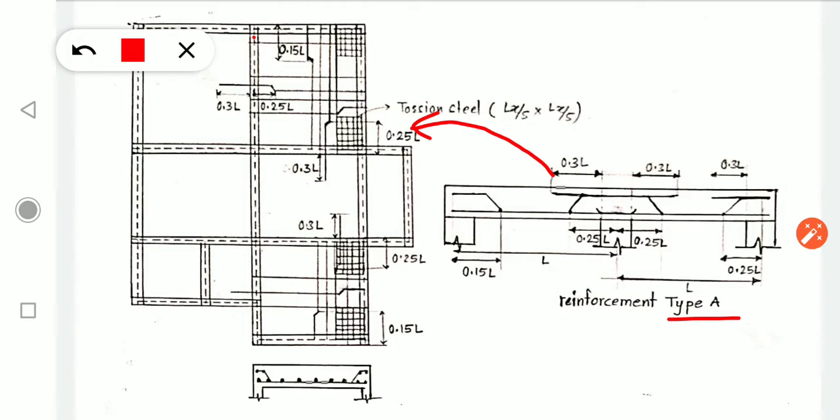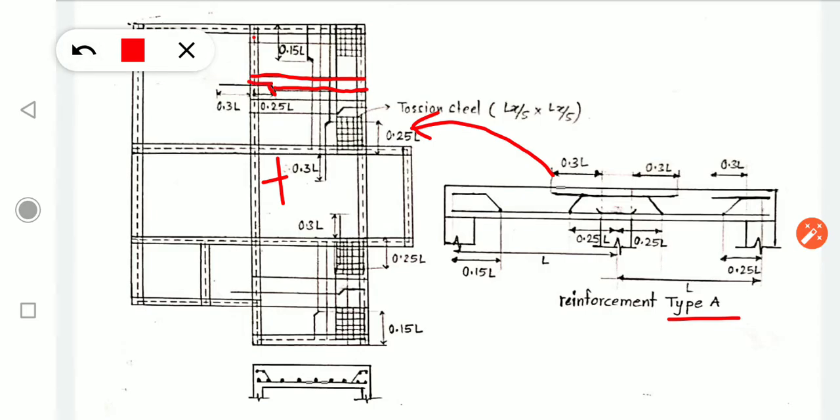In this, the slab is a two-way slab, so reinforcement should be provided in both directions. I placed one reinforcement bar like this, continuous. Alternate bars are bent up, so the second reinforcement bar is provided bent like this. At what distance should you provide the bend?